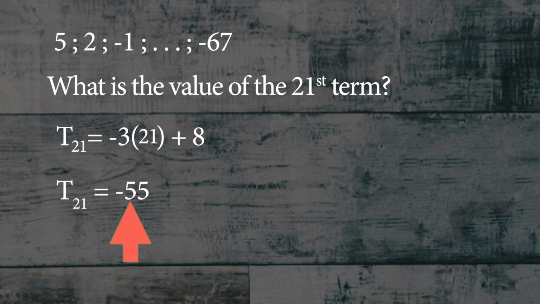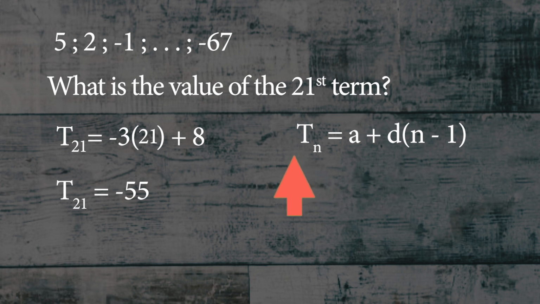Now what will we do if we don't have the general formula and we don't want to take the time to actually calculate it? Well, we can simply use the formula that we learned in our previous lesson, which is the term in the unknown position is equal to A, which is term 1, this 5, plus the constant difference, which is minus 3. We calculated that in the warm-up, and then n minus 1.